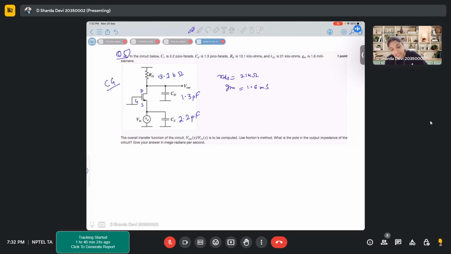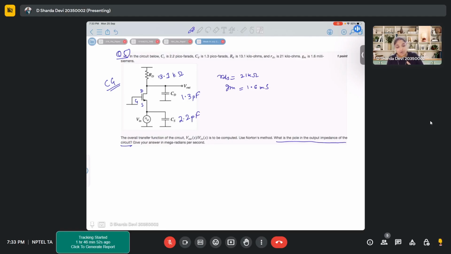So for this common gate configuration with these capacitances, and also your output resistance is mentioned, you have to first compute the transfer function. That is one thing that is mentioned. And secondly, the main question is what is the pole in the output impedance of the circuit?